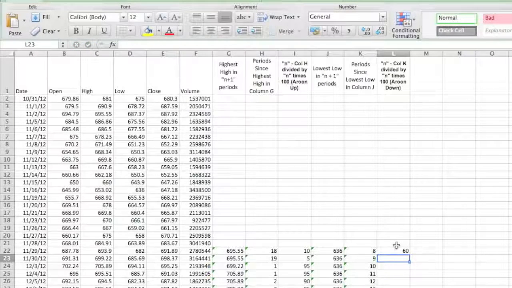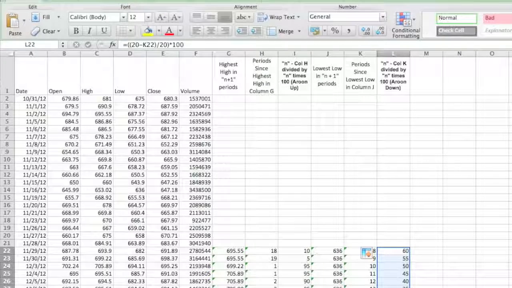We get 60. Just by looking at these two values, 60 and 10, you see that there's relatively more downside factored in than there is upside. That's why they move opposite of each other.